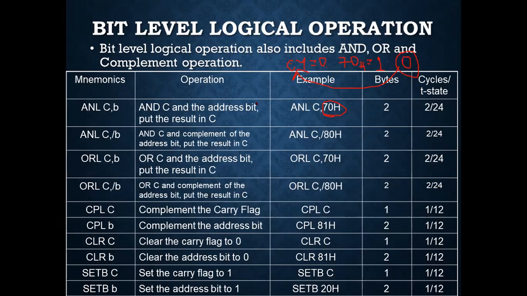And in this second case, 80H memory location has a value of 0 or 1, whatever it is, that will first be complemented, and the complemented value will be ANDed with the content of the carry flag. Clear? Now is it clear? Yes, sir.